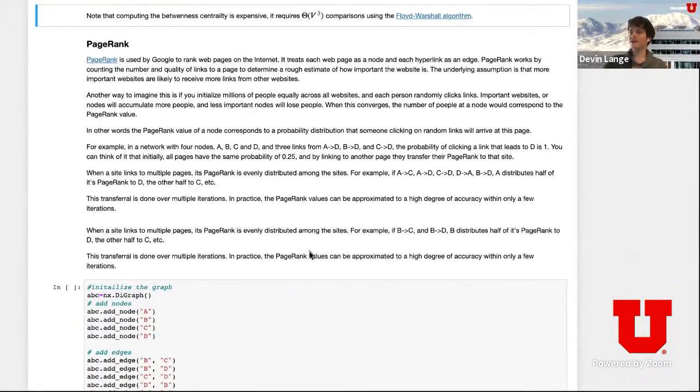Cool. The last measure of importance we're going to look at is something called PageRank. You maybe have heard of this with regards to Google and ranking web pages, because this is where this came from. The early efforts of ranking web pages, I believe, were more related to just the degree of nodes incoming to a website.